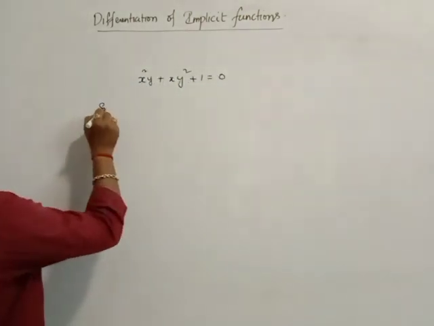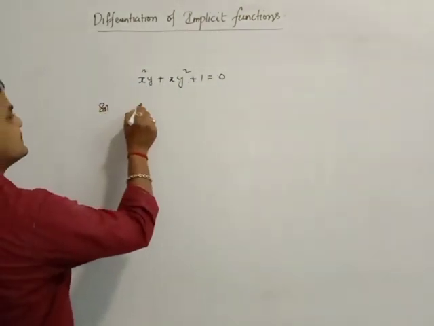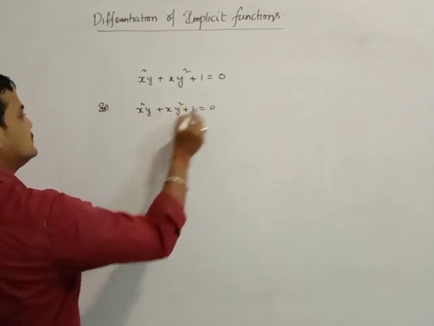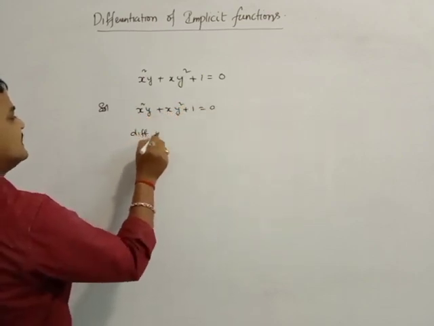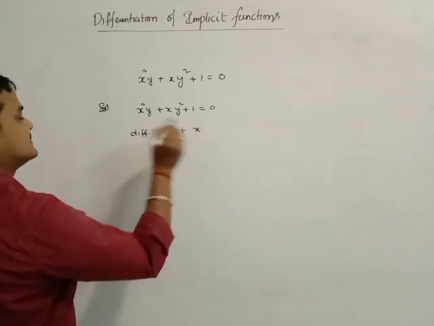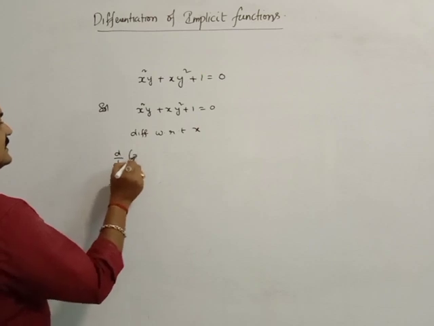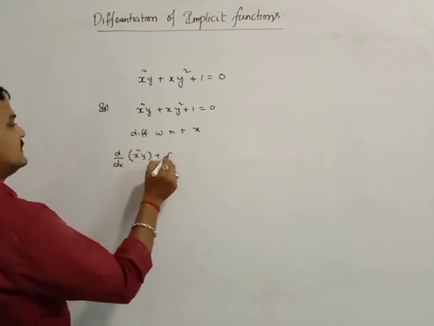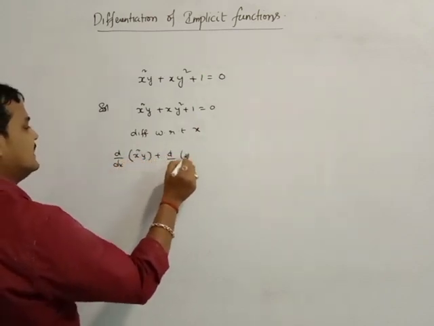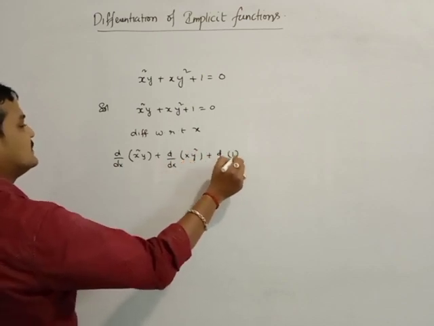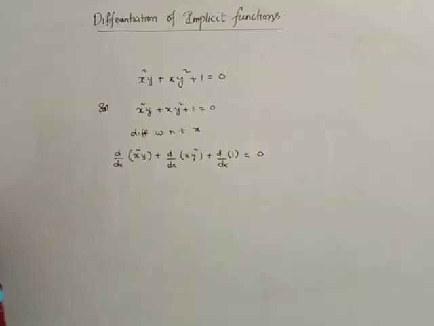Now I am going to differentiate this function. The solution is x square y plus x y square plus 1 is equal to 0. Differentiate with respect to x. So d by dx of x square y plus d by dx of x y square plus d by dx of 1 is equal to the derivative of 0, which is 0.